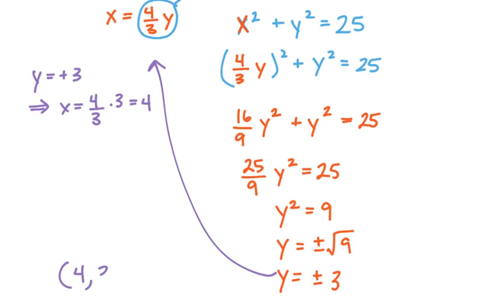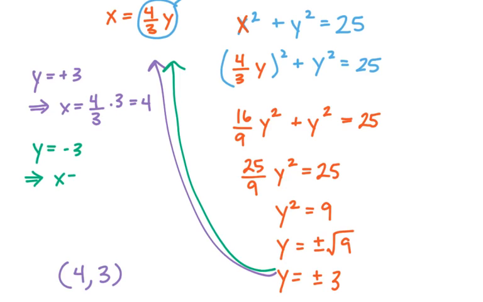X is 4, y is 3. And then repeating that with negative 3, if we've got y equals negative 3, then x equals 4/3 times negative 3, or negative 4. So my x value is negative 4, and my y value is negative 3.